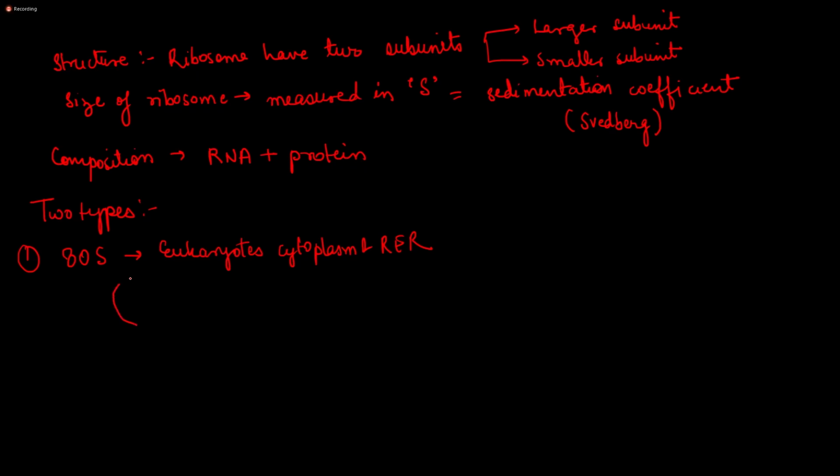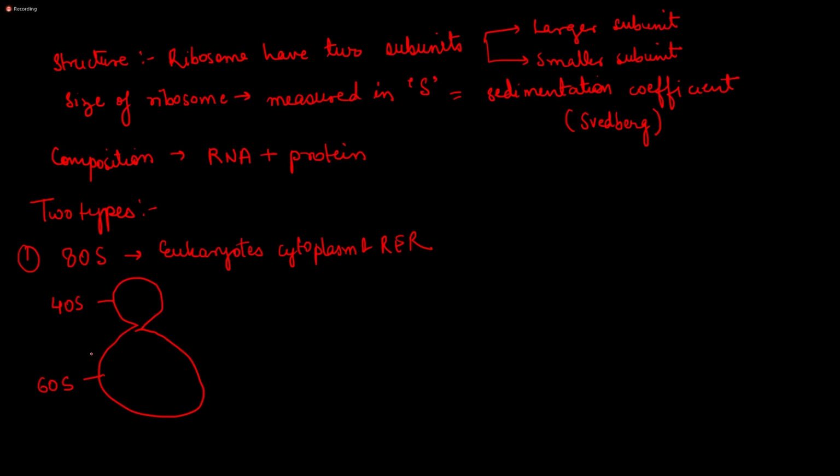If you draw the structure of the 80S, it has a smaller unit and a larger unit. The smaller unit is 40S and the larger unit is 60S. These are not additive; it doesn't mean the total should be 80S. It is a type of unit based on the sedimentation coefficient.